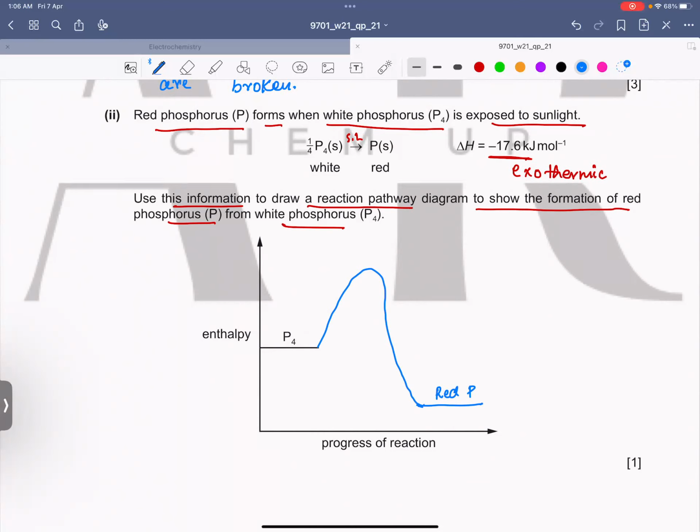Is this clear? Anybody have any doubt? Kindly ask.